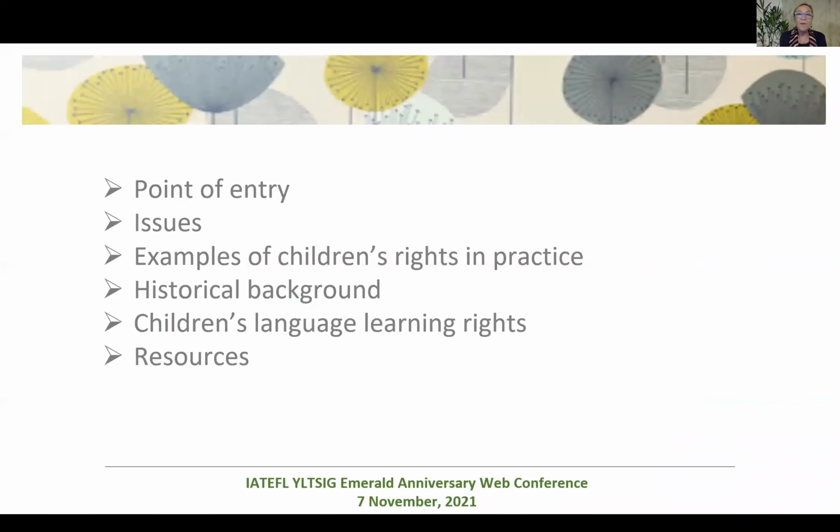So this is what I would like to do during this talk. As a point of entry, we're going to have a look at a statement from UNICEF. I'd then like to look at some of the issues which may impact on the extent we implement or do not implement children's rights in the English language classroom. I'd then like to give some examples of children's rights in practice in English language classrooms from around the world.